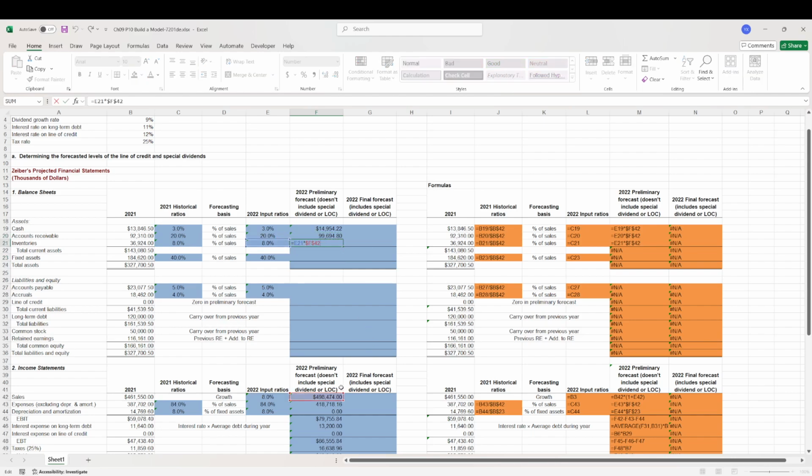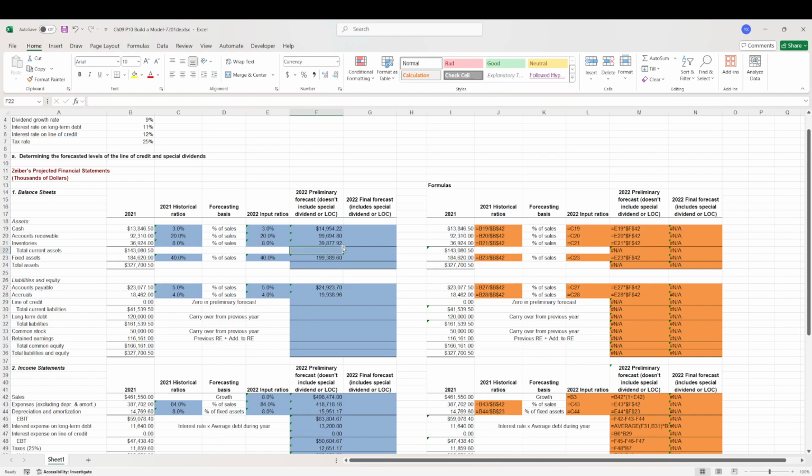Again, so it's 8% times the sales, right? And copy and paste again, only formulas. I got 40% times sales, right? And then copy and paste again, only formulas. So I got 5% of sales. Copy and paste again, only formulas. I got 4% times sales. Okay.